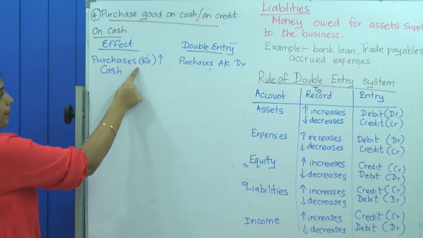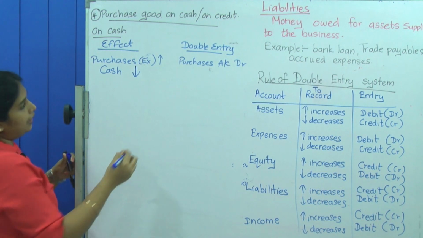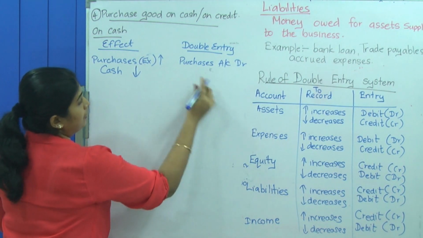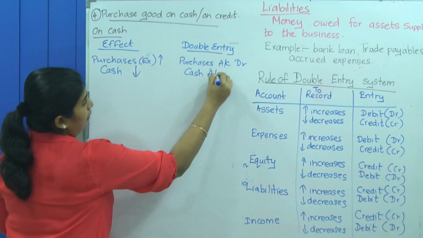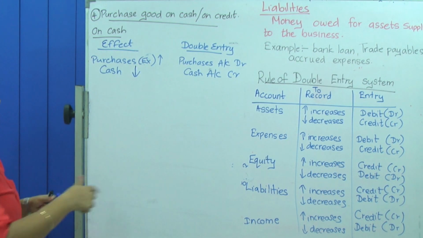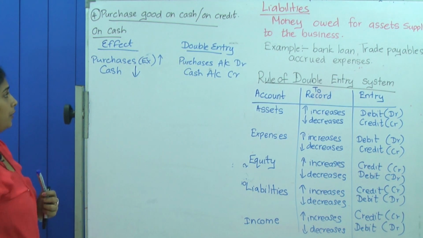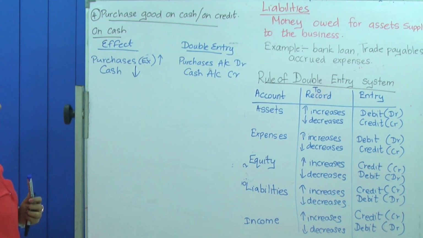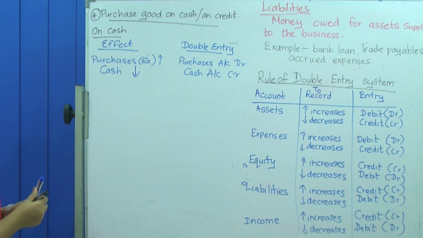And when you pay in cash, it makes a decrease in the cash account. When cash decreases, it will be recorded on the credit side of the cash account. So the double entry of purchasing goods on cash is: purchases will increase, so you have to debit the purchases account. Cash, when you are paying in cash, will decrease, so it will be recorded on the credit side of the account.